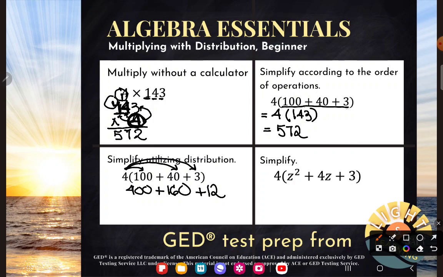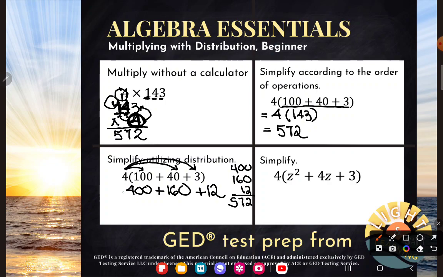So it's the same 3 acts of multiplication we did before. We just did them in opposite order. And now we're going to add these things together. You can do it in your calculator if you want. I'll just come over here and do it in side work. 400 plus 160 plus 12.